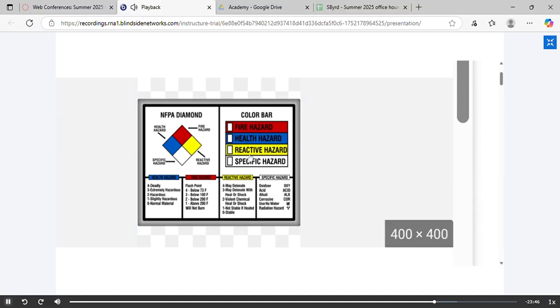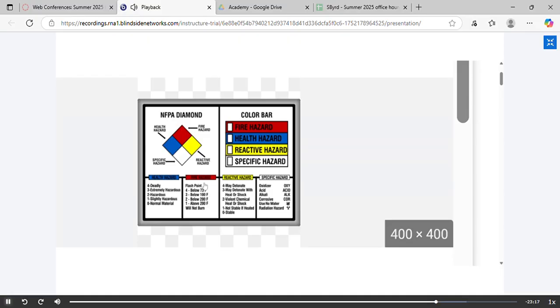Blue is your health hazard, yellow is the reactivity, and the white is going to be something that's specific about that substance. So let's look at the blue first, the health hazard. The lower the number, the less hazardous it is. So the higher the number, the more hazardous. So 0 is normal, 1 is slightly, 2 is hazardous, 3 is extremely, and 4 is deadly. This is for your health.